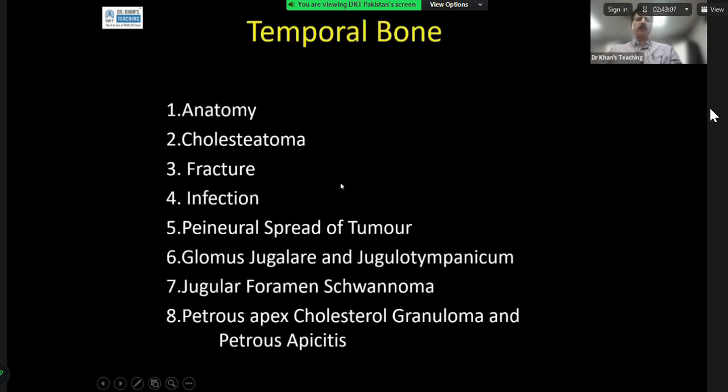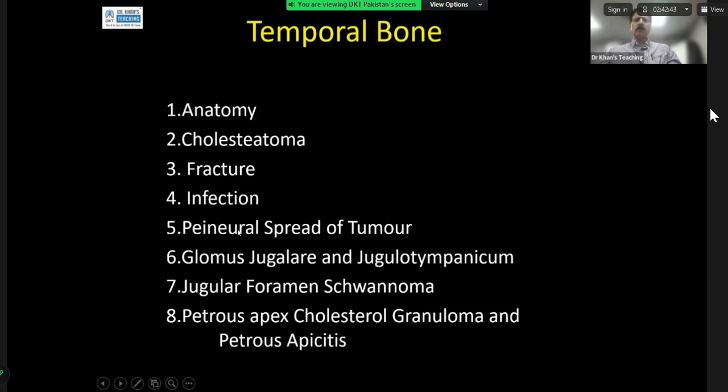What we are going to cover today is anatomy. Most of the session is going to be anatomy. Then pathology-wise, these are classical exam cases, and as I've told you, we will confine ourselves to FRCR level. Cholesteatoma, an extremely important subject. Fracture, infection, perineural spread of tumor.